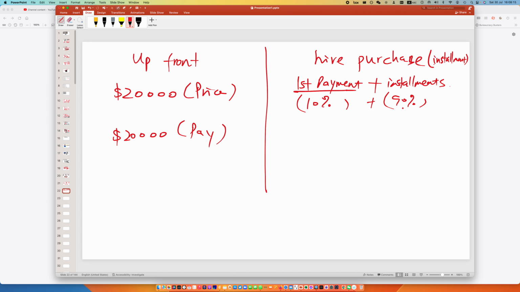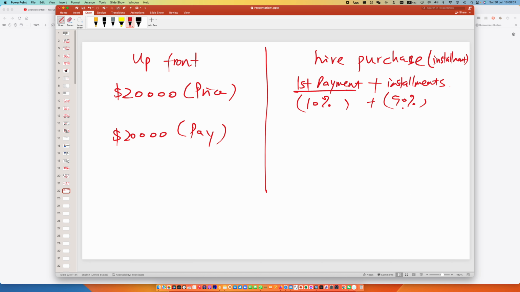So in fact, a lot of big item purchases in the world are actually through this hire purchase scheme, but of different percentages. Some items require you to pay 50%, just like a car. A car you need to pay 50% as a first payment.